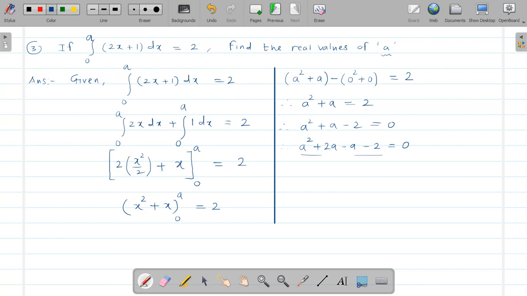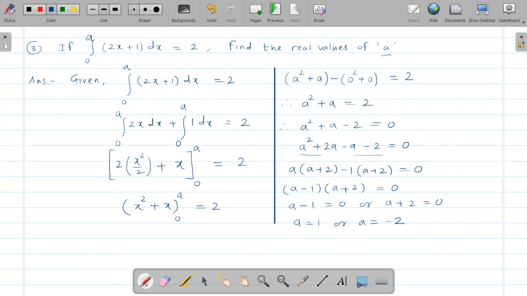So you will get the factors here: a into a plus 2 minus 1 into a plus 2 is equal to 0. That's why we get two factors here, as we usually solve like this, and hence after solving this, a minus 1 is equal to 0 or a plus 2 is equal to 0. Hence we get a is equal to 1 or a is equal to minus 2.